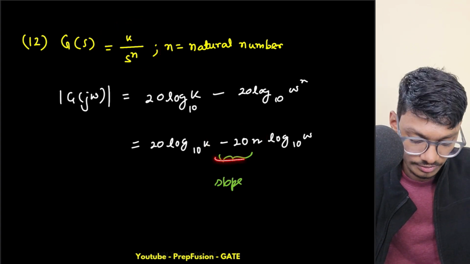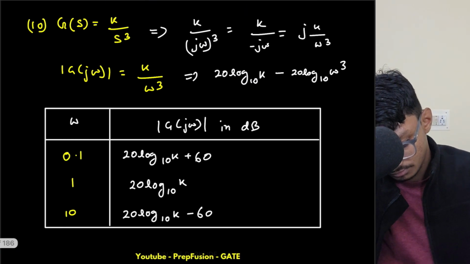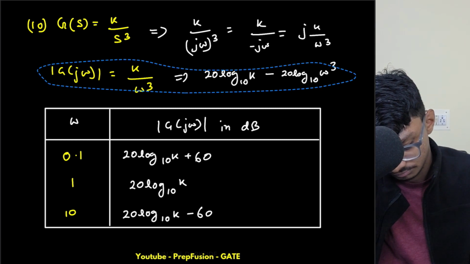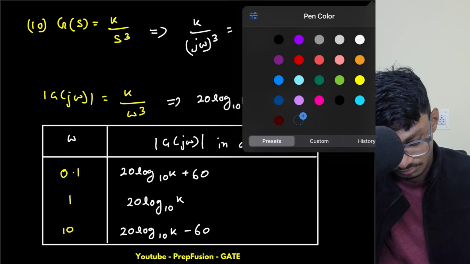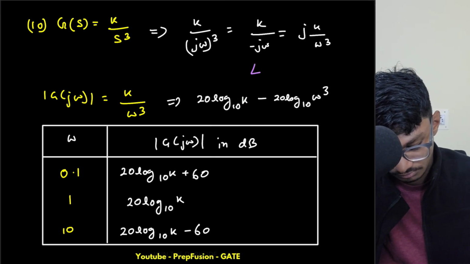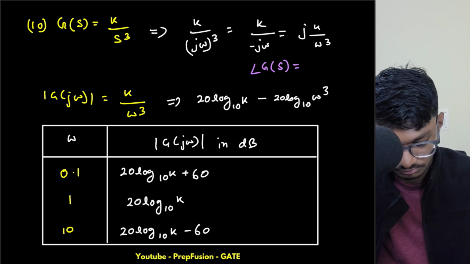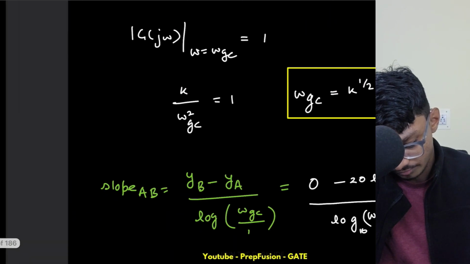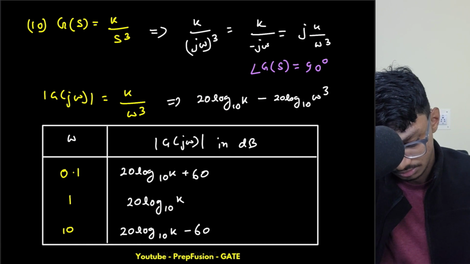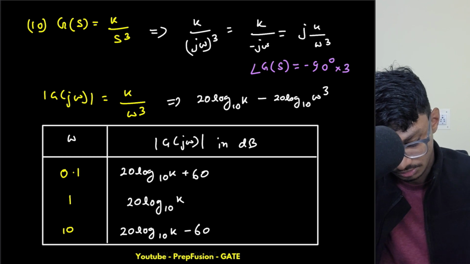Now what about this k raised to power s to the power n? K raised to power s to the power n is providing this much. And how much phase is this providing? So I should write the phase also here, side by side. Plus 90 this is providing, or you can say minus 90 into 3.